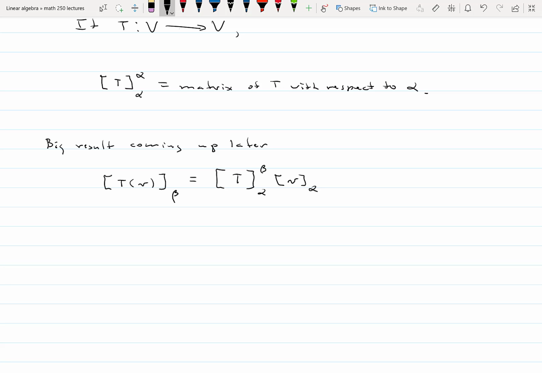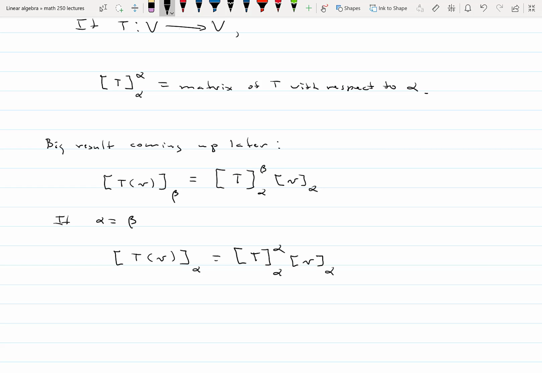Okay, if alpha equals beta, that is, if we're going from V to V, then the coordinates of T of V with respect to alpha equal the matrix of T with respect to alpha times the coordinates of V with respect to alpha. Okay, so this is where we're headed with the most important result in the section.